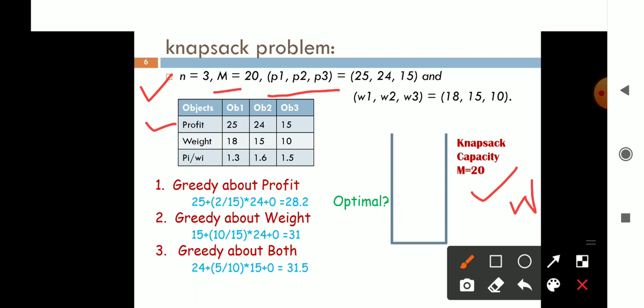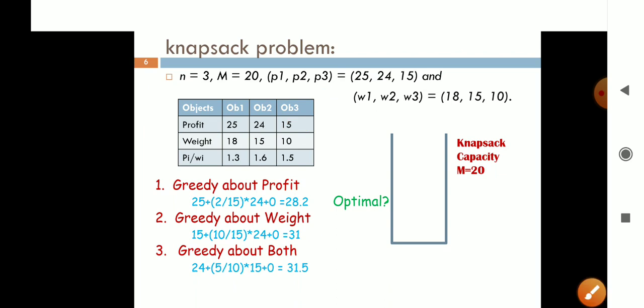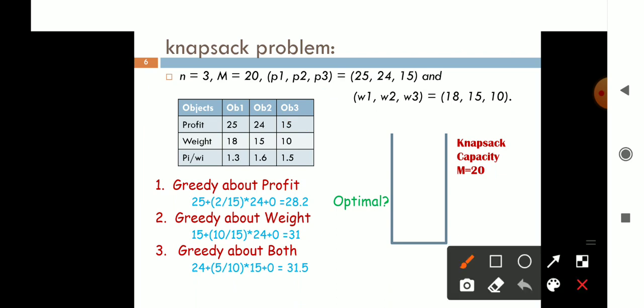Depending on that, you put the variables P1, P2, P3 for profit, or B1, B2, B3 for benefit. The values are: object 1 has the benefit 25, object 2 has the benefit 24, and object 3 has the benefit 15. So that is the profit or benefit.